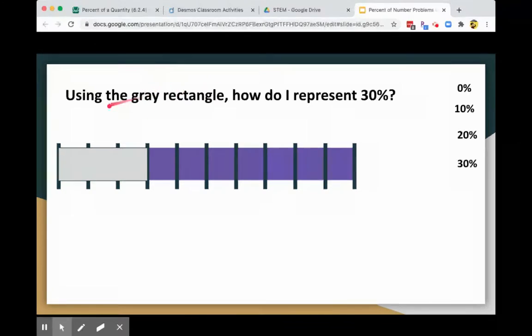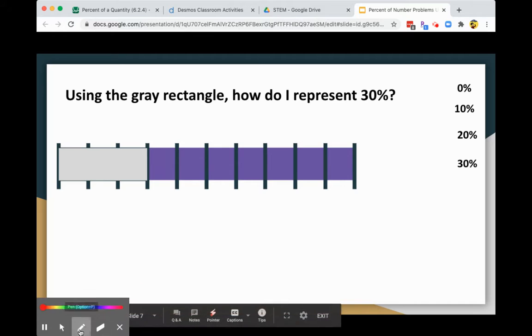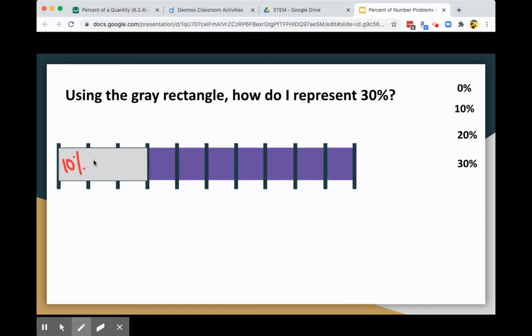We talked about how do we use the gray rectangle to represent 30%. Well, just knowing what was done earlier, remember each bar represents 10%. So this gray rectangle is how you represent 30%. And you can also think of this whole picture as a health bar.